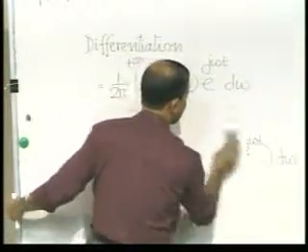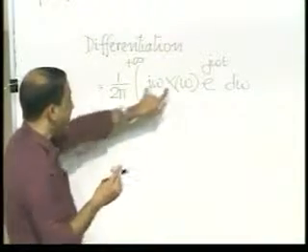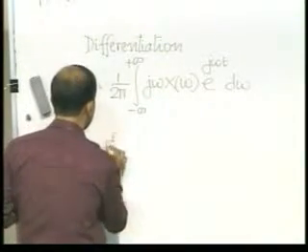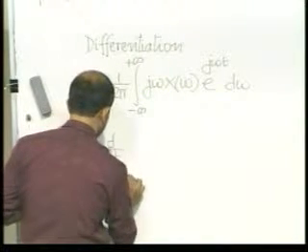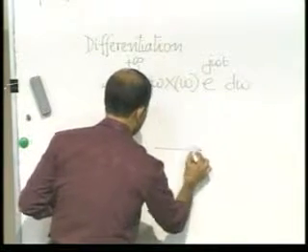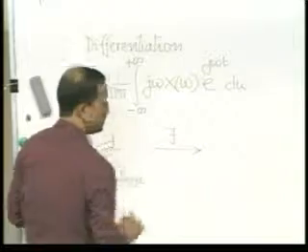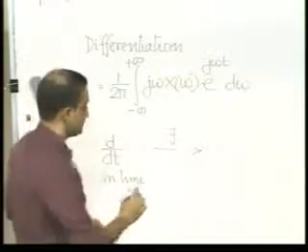So, let us write down the result here. What are we saying? We are saying that the operation of differentiation in time leads to the operation of multiplication by j omega in frequency.